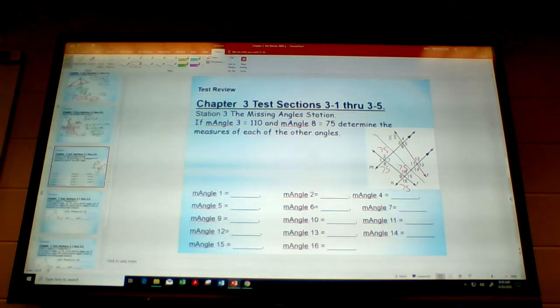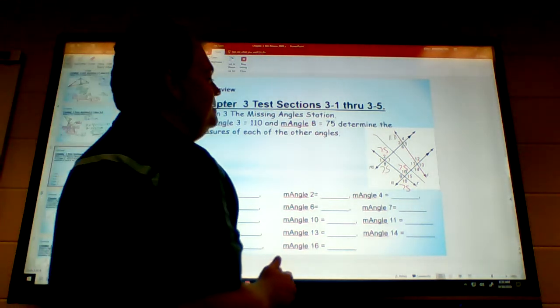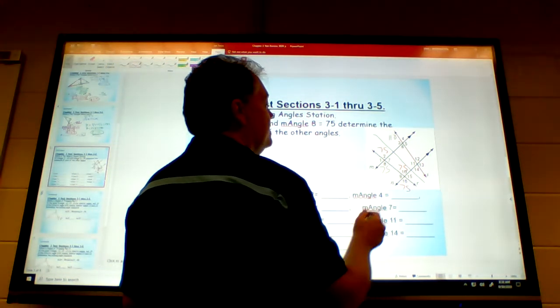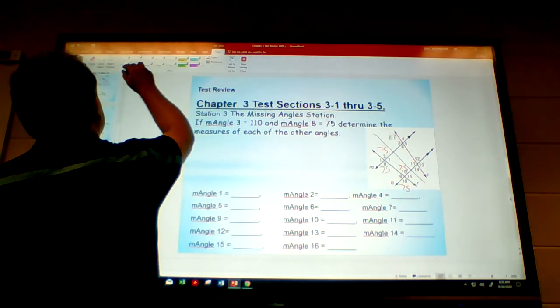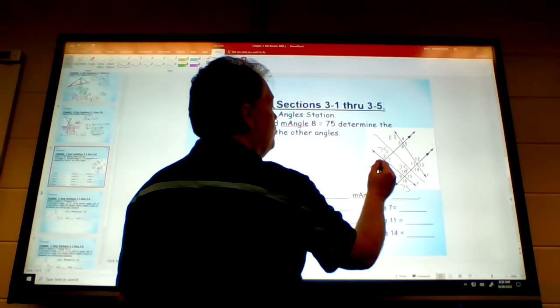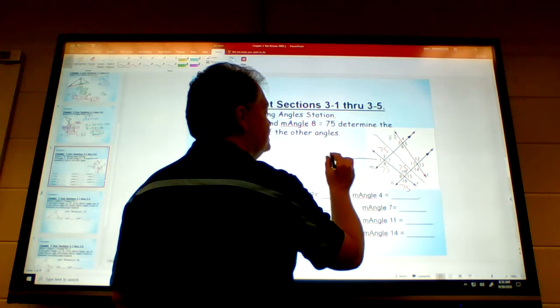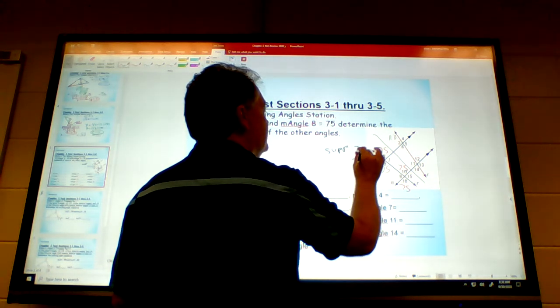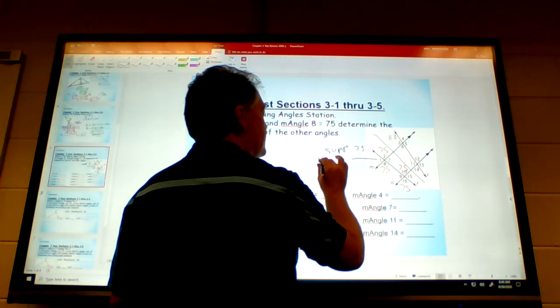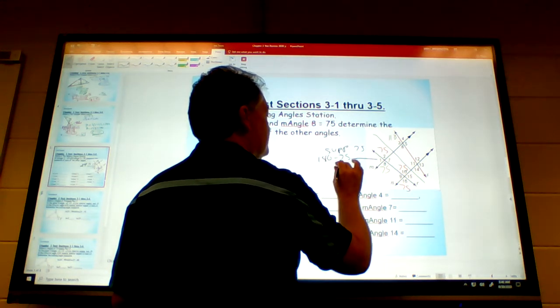Now, for the next one, we can find any of the other angles right here by doing the following. We know that 1 and 8 are supplementary. So this is the supplement of 75, which is 180 minus 75, which is 105.